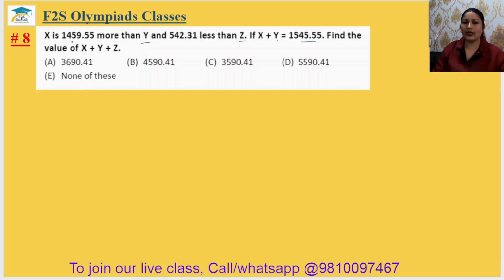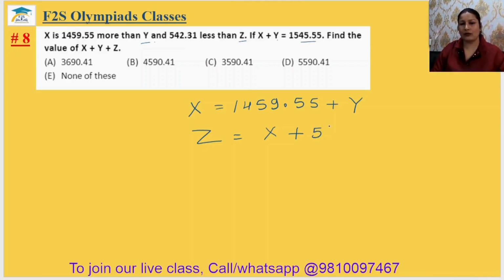X is this more than Y. So X will be equal to 1459.55 plus Y. And Z will be equal to X plus 542.31.